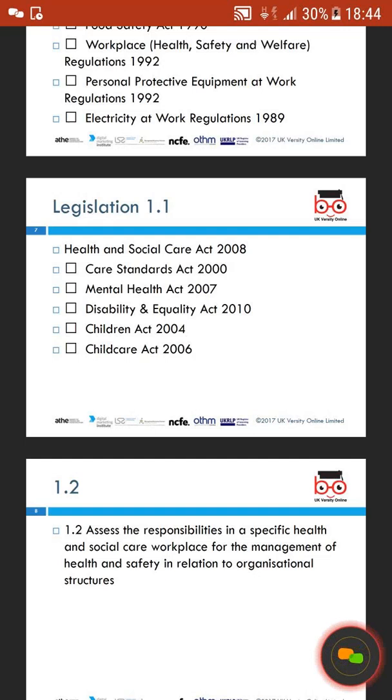So an example of actually implementing and using these acts within your writing to show that you've understood might be to say the Disability and Equality Act 2010 is upheld in practice, as in your workplace.